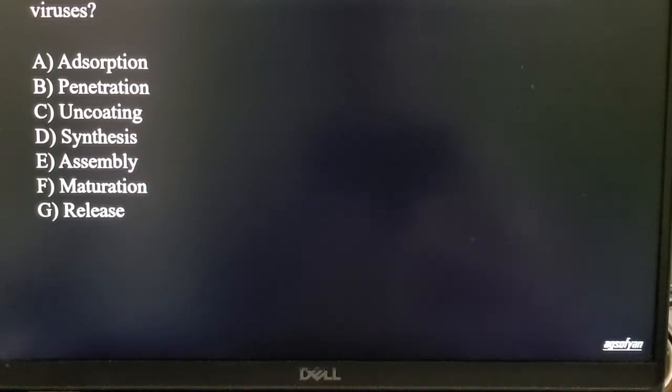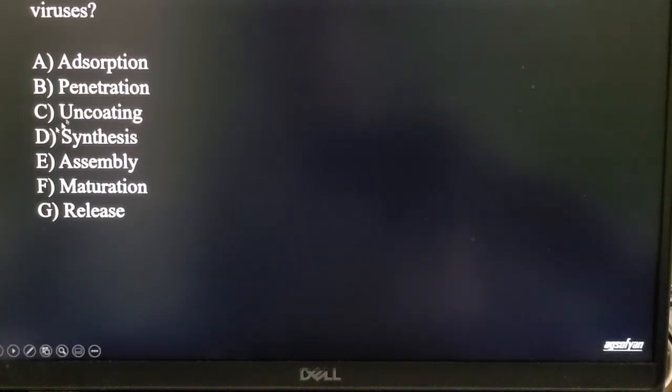So both of them have 6 stages of their life cycle, but there is a little bit of difference between the bacterial viruses and animal viruses. So which one is that?